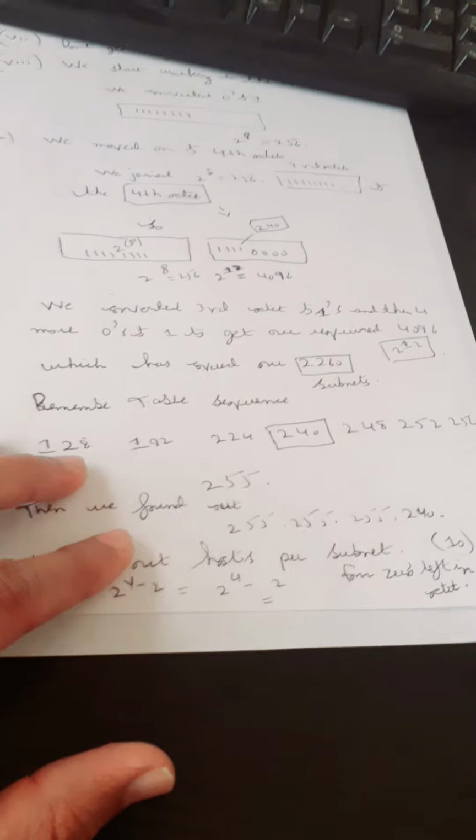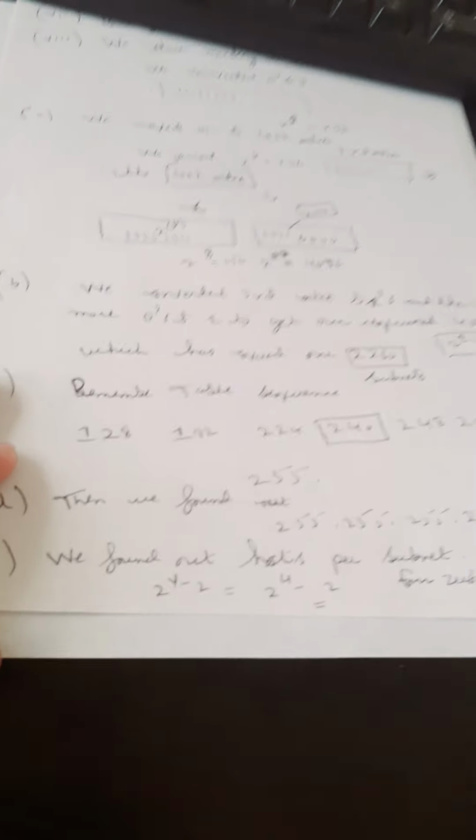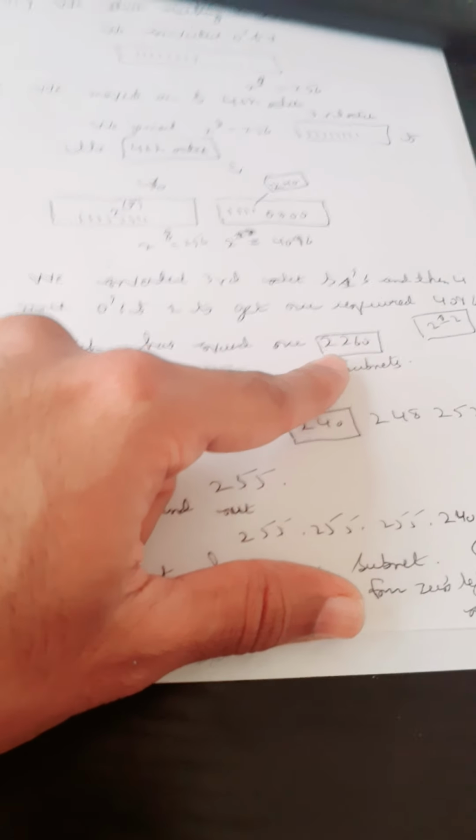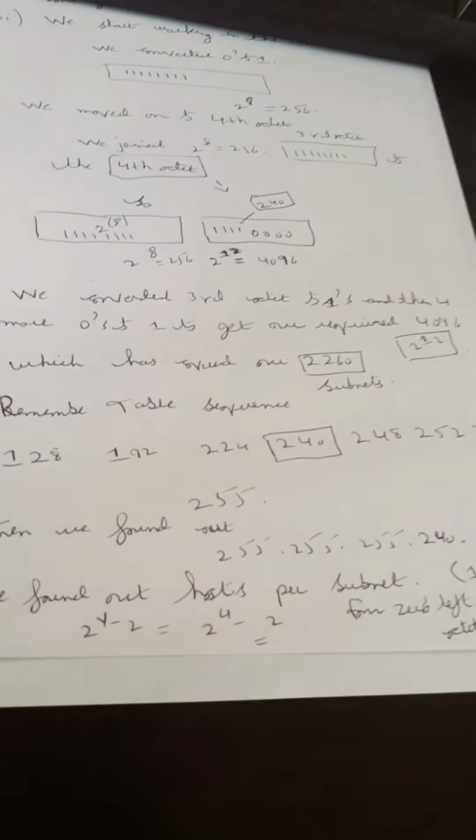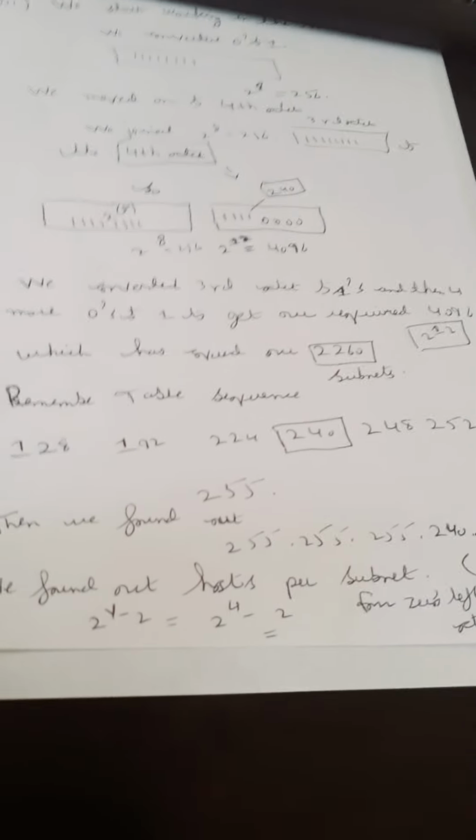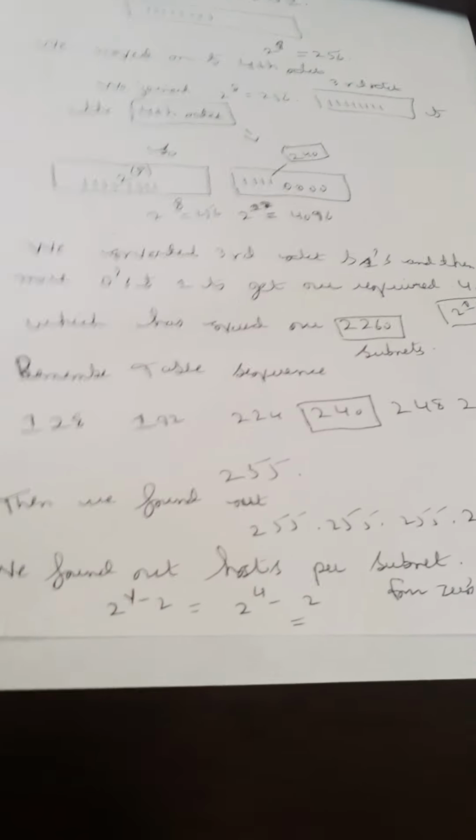Correct? Just to tell you, these are the requirements of a network. Network requirements do change from time to time. Sometimes you start thinking, why would you need 2260 subnets? I don't know. The network admin can give the answer to that. Maybe it's their requirement. So we got 10 hosts per subnet.